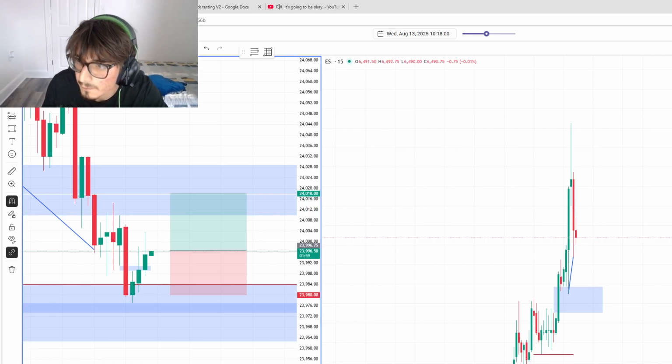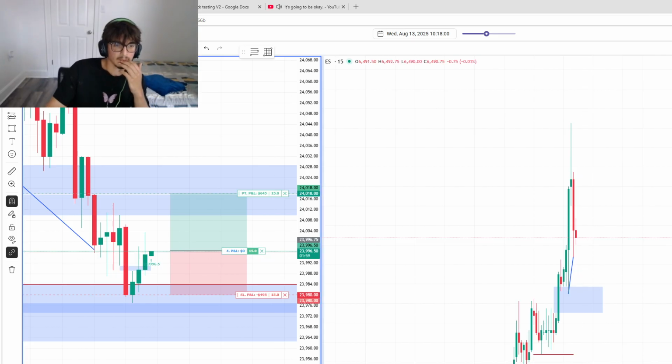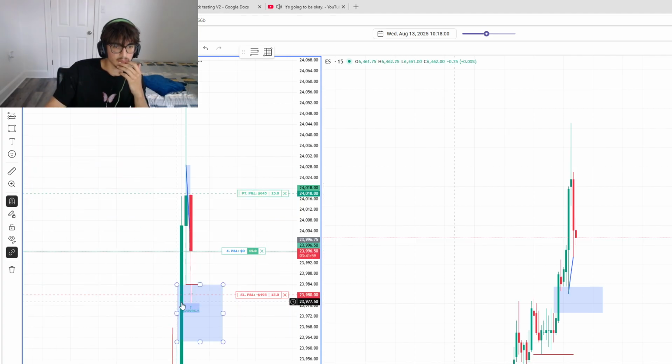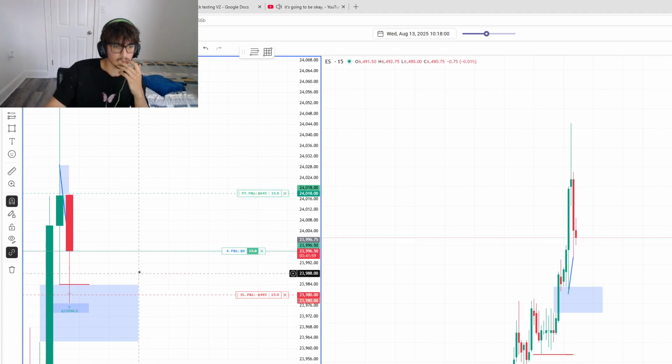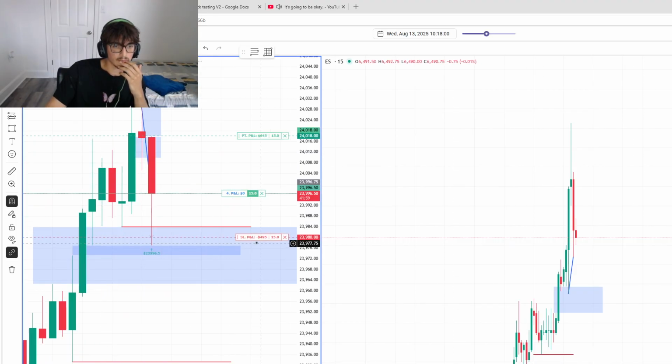Okay. Market buy 15. Okay. So this is how we're gonna do it. Honestly, we could go lower as well. Let's do the full gap. What's the difference?